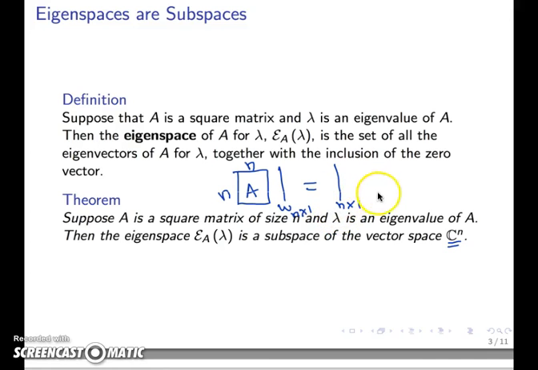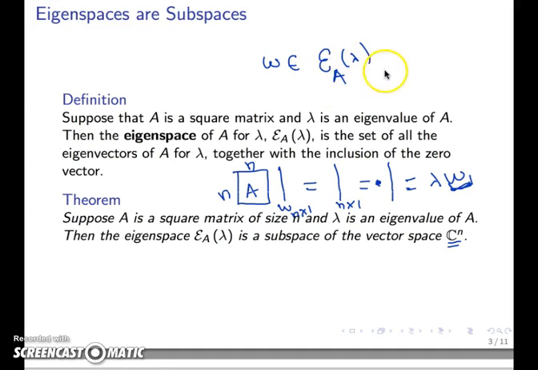So if, in addition, that vector W is such that lambda times W equals A times W, right? In addition, if this is something that equals a scalar times a vector, then we're going to see that these vectors, when collected, we would say that W would belong to E sub A of lambda.